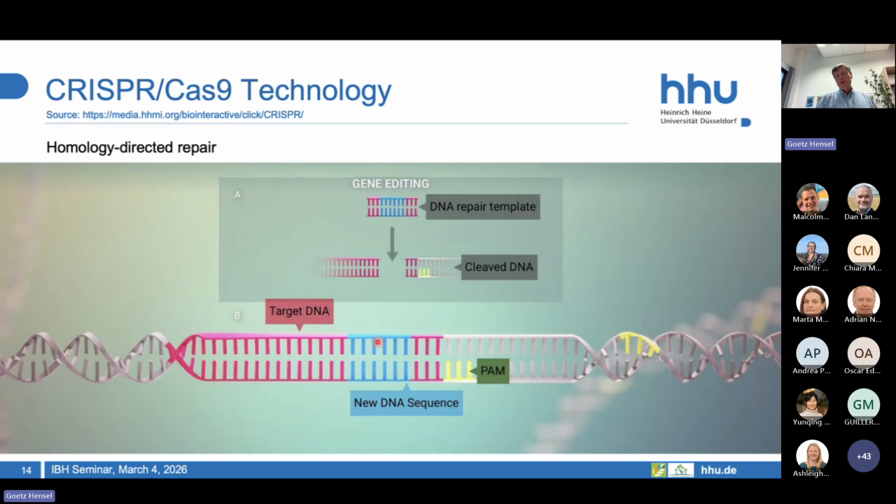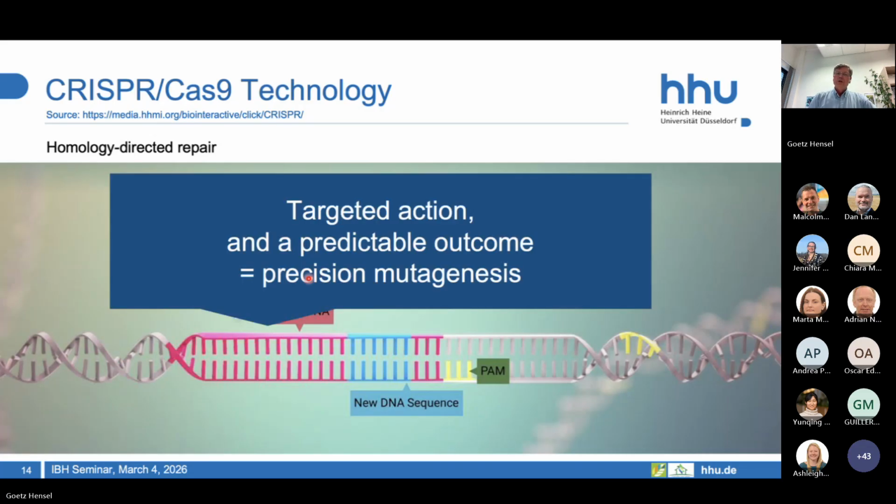And if you provide a synthetic repair template, then of course you can also modify the sequence in a way you are interested in. So here, you know the position where you want to change, and also you know the outcome, at least to a certain extent. And this is then real precision mutagenesis.